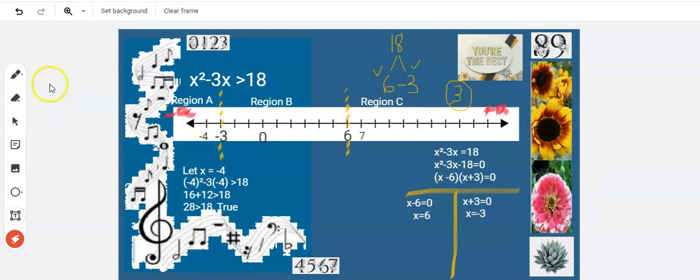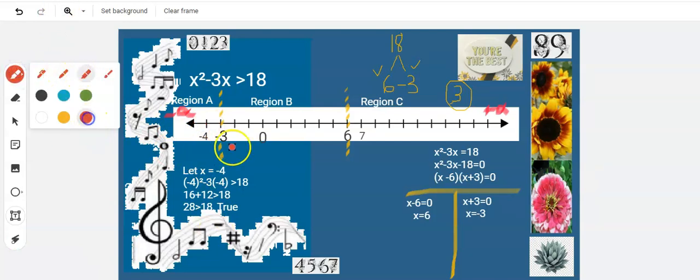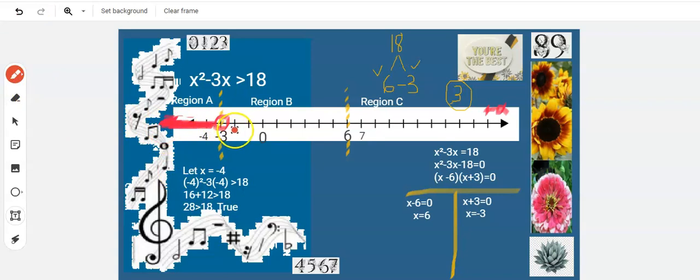So, again, walay appeal ang negative 3 sa solution set. So, we're going to have a hollow circle. Unya kay appeal man ang region A sa solution set, we draw a straight line from the hollow circle going to negative infinity. Okay, so ana. And then you put an arrow. Alright, so we draw a straight line from the hollow circle going to negative infinity.